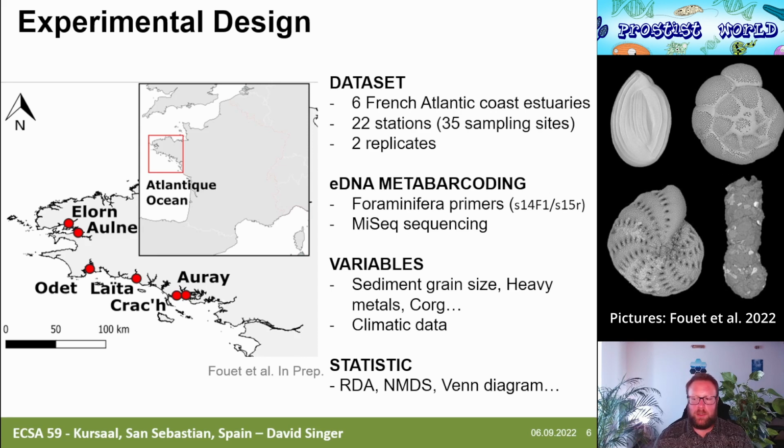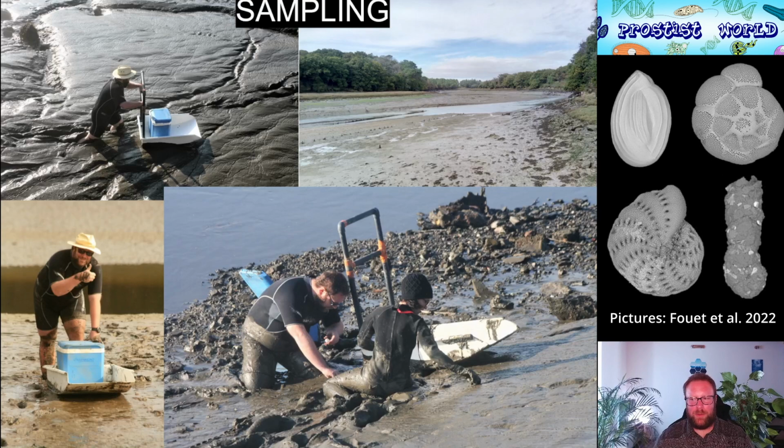We took different environmental variables like the sediment grain size, the heavy metals, organic carbon, and the climatic dataset. We did a bunch of statistics like RDA and MDS and Venn diagram to evaluate the impact of the different variables on our dataset. I also just want to share a few pictures of the sampling.